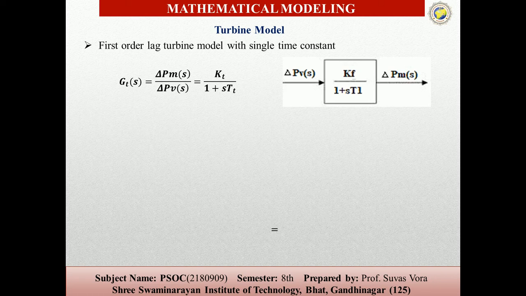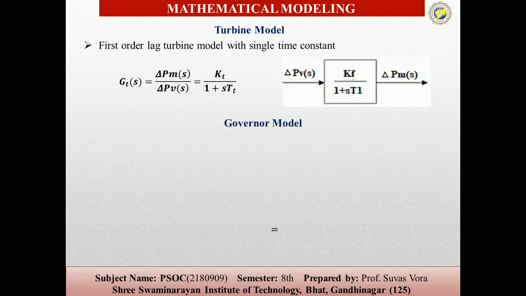Here delta PV is the change in the steam valve output, and delta PM is the change in the turbine output. So these are the simplifications of our equations: Kt upon 1 plus sT1.